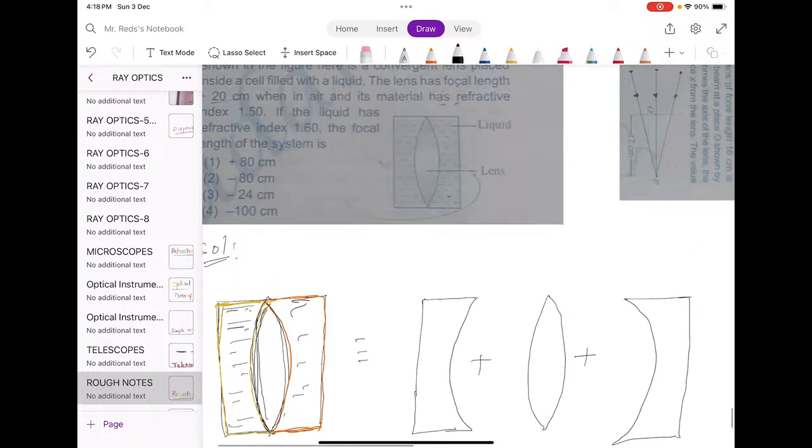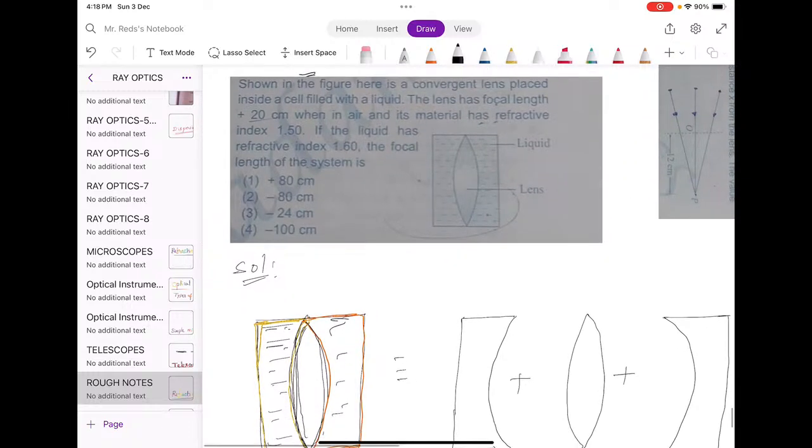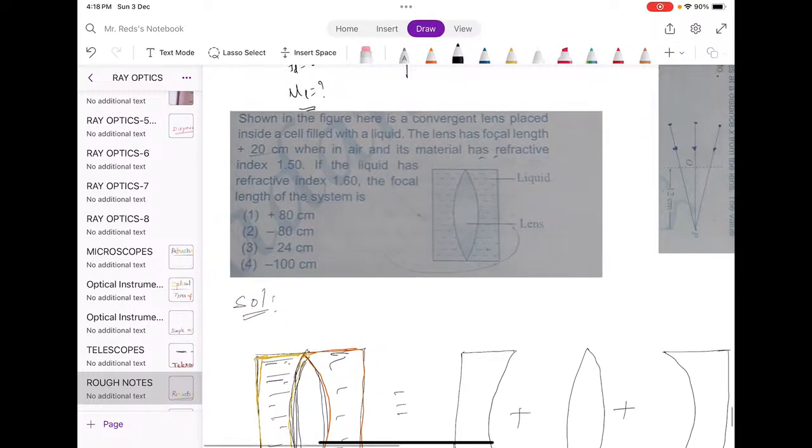What is given here? The refractive indices are given, and the focal length is also given.